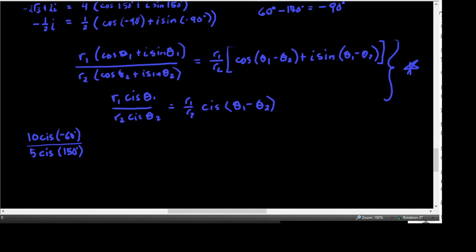All right, so using the formula that we just learned, that's going to be 10 divided by 5 cis negative 60 degrees minus 150 degrees, which simplifies to be 2 cis negative 210 degrees.